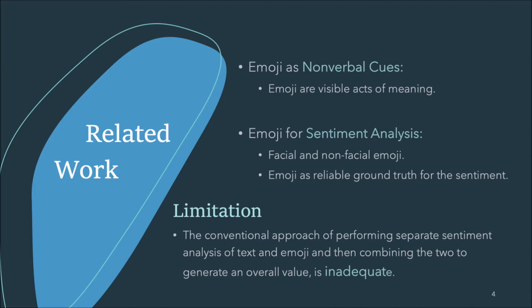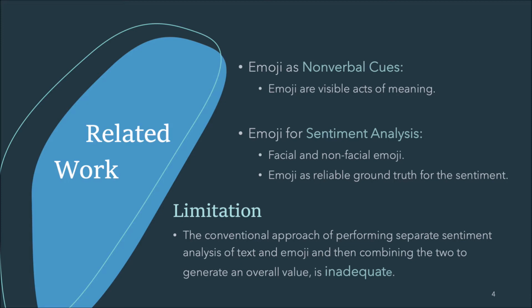Visible acts of meaning are analogically encoded symbols that are sensitive to a sender receiver relationship and they are fully integrated with accompanying words. Regarding sentiment analysis, some studies' findings suggest that the level of sentiment perceived from a text increases with the inclusion of facial emoji as well as non facial emoji.